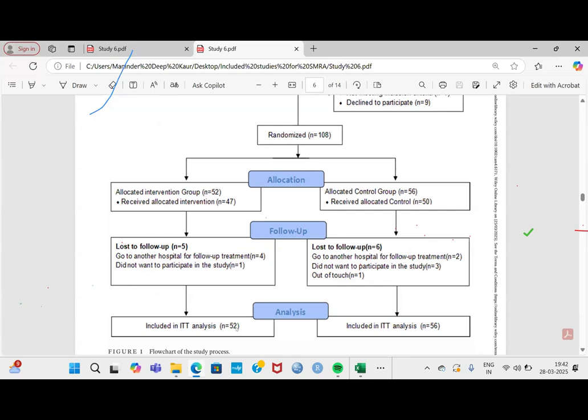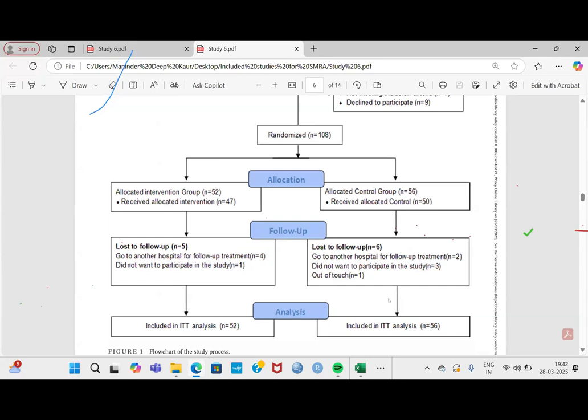Okay, so how have they included them? Because they carried forward the values of the last follow-up. So this is the method called intention to treat analysis.